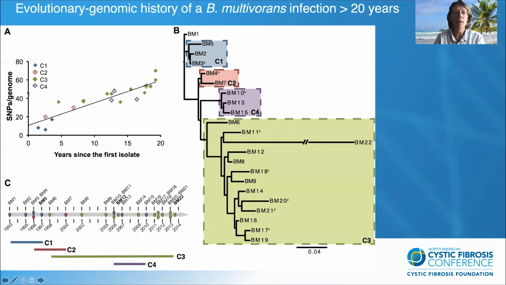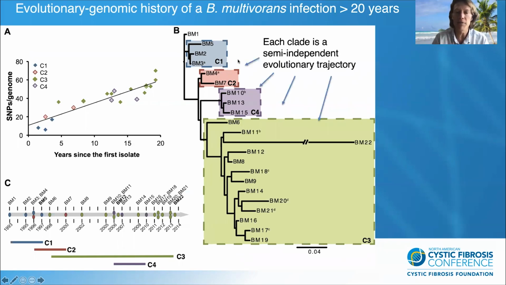While this population underwent a period of steady diversification, consistent with many studies of adaptation to the CF airway by Pseudomonas and other species, a phylogenetic analysis showed multiple co-occurring lineages that coexisted in this population. Each of these forms a distinct clade, which can be viewed as a semi-independent evolutionary trajectory.